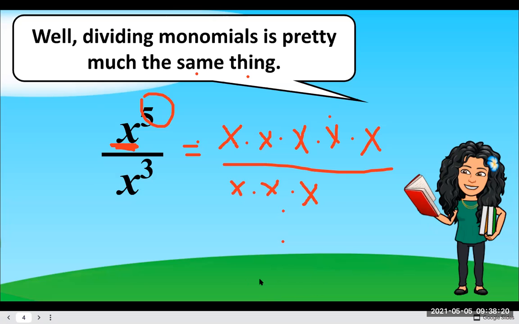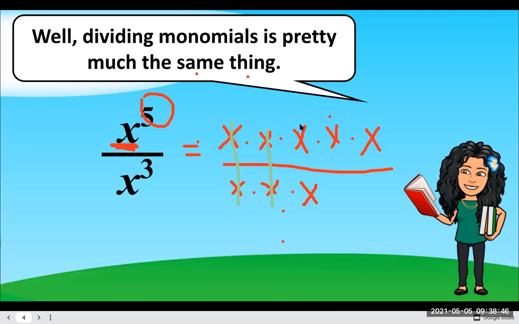For this one, remember, if they're exactly the same, you can cancel and they become 1. So we can use the same rule. This x divided by this x cancels out. This x divided by this x is also canceling out.